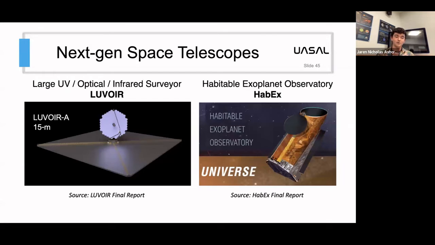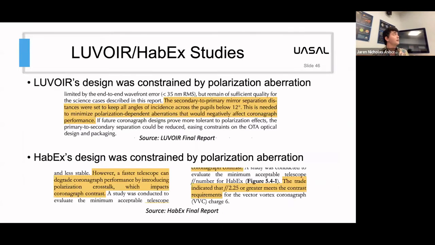Now, I may be like the most novice person in terms of the LUVOIR and HABEX missions here, so I won't go too much into them. But in both of the final reports, the optical design of LUVOIR and HABEX had constraints imposed on them to minimize polarization aberrations.